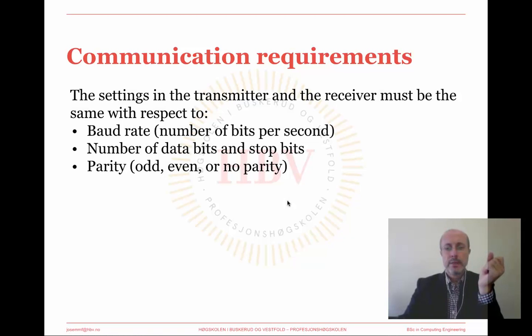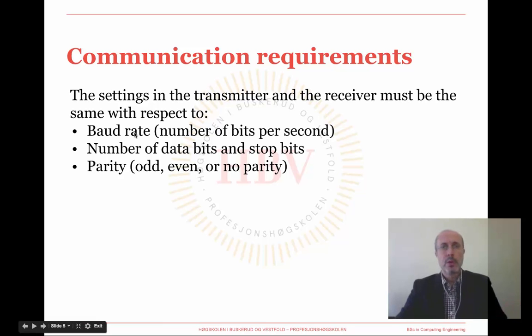So a fundamental requirement to set up a successful communication using the RS-232 protocol is therefore to ensure that both parts share the same settings with respect to the number of bits per second, the so-called baud rate, and also the frame format which defines the number of data bits. They can be, according to the standard, 6, 7 or 8 data bits.